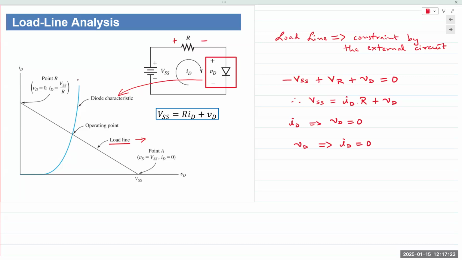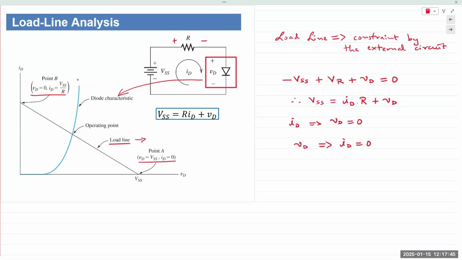We'll do that in just the next slide. But when we have those 2 points, and you can see here, it's point A, that's point B. If you plug in ID equal to 0, VD is equal to VSS, right? No current is flowing through. The diode is off.